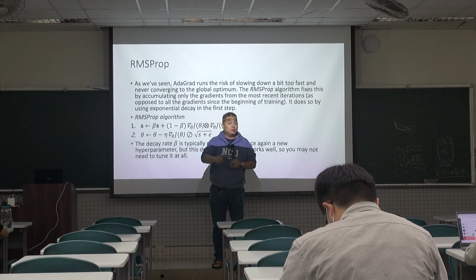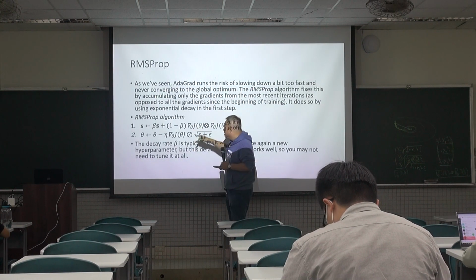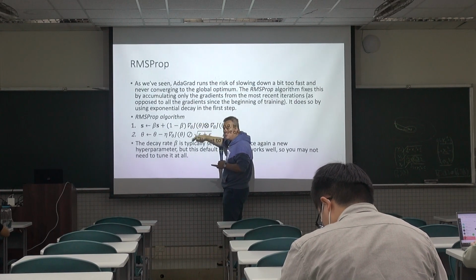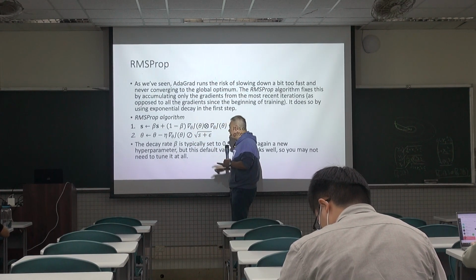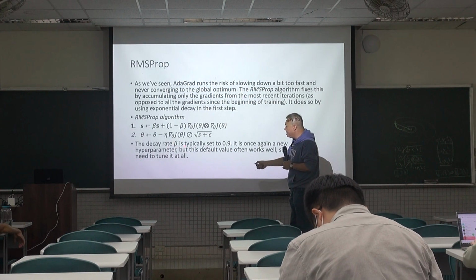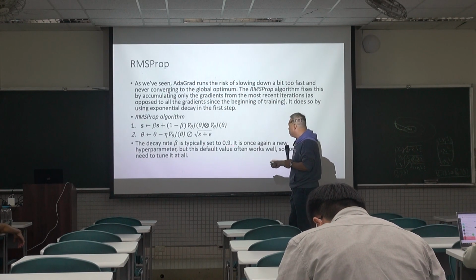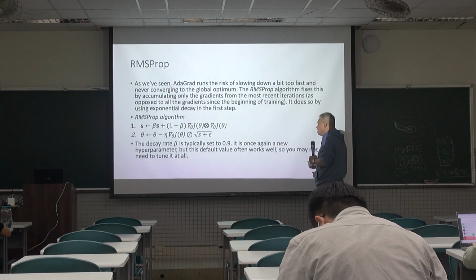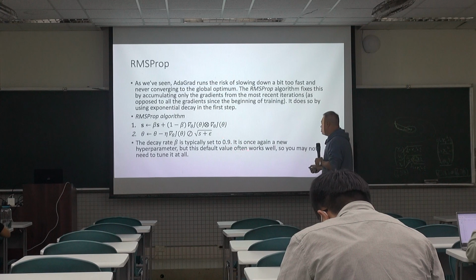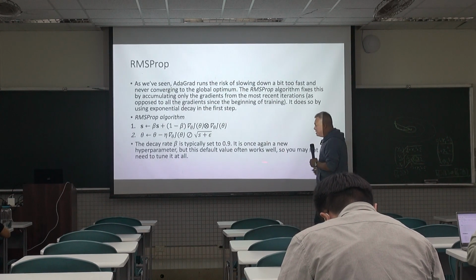That part is still true, but the scaling down effect is not that strong anymore. We normally set this decay rate to be 0.9. Again, a new hyperparameter, but the default value often works well, so you may not need to tune it.